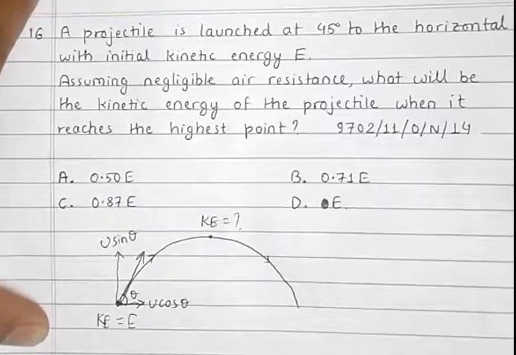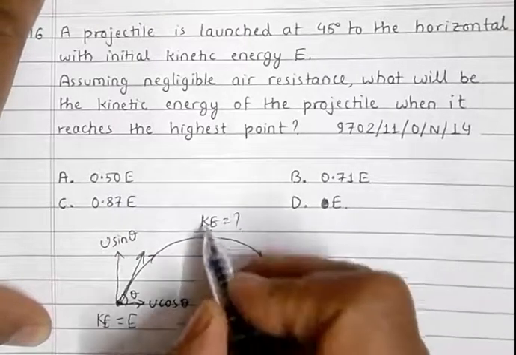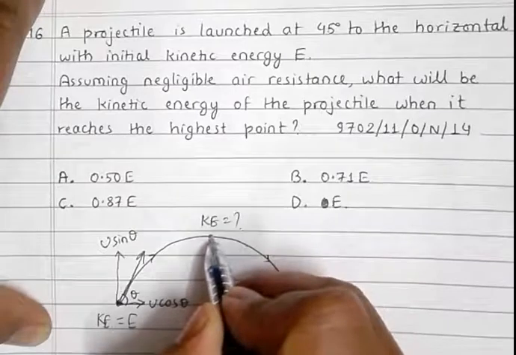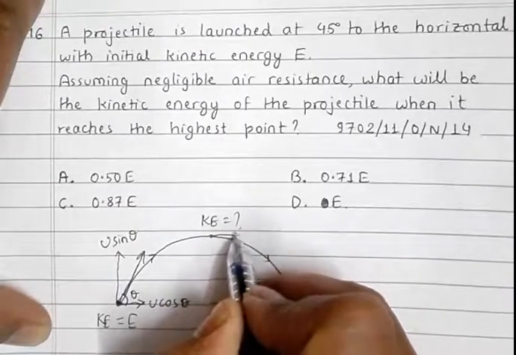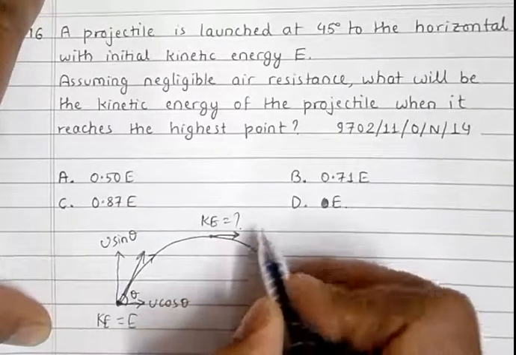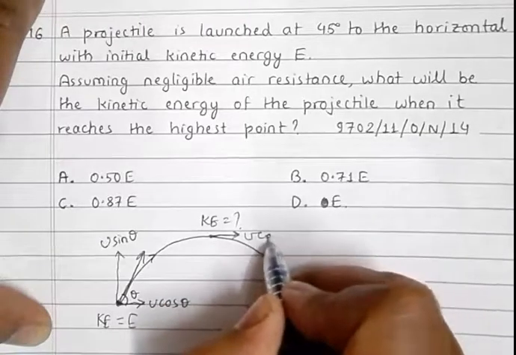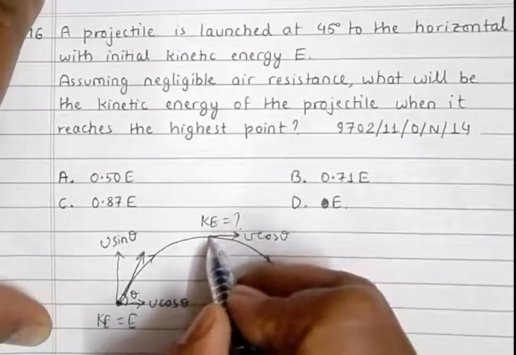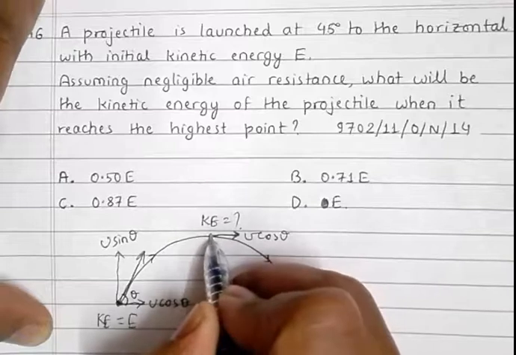Now when it reaches the highest point, the horizontal component remains as it is, it does not change, so it's equal to U cos theta, and the vertical component is totally 0.